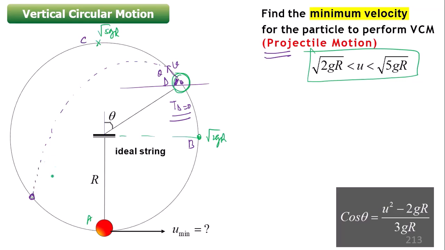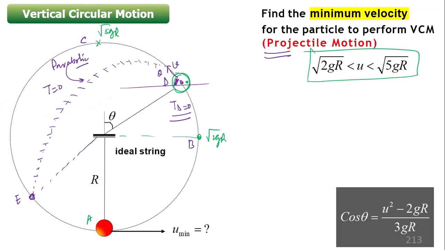Once it touches this point, the string becomes tight again. From D to, let us say, point E, the particle is performing projectile motion, and between these points there is no tension in the string. T is equal to 0. The entire path will be a parabolic path. We already studied this parabolic path, so the only thing is that you have to apply it.